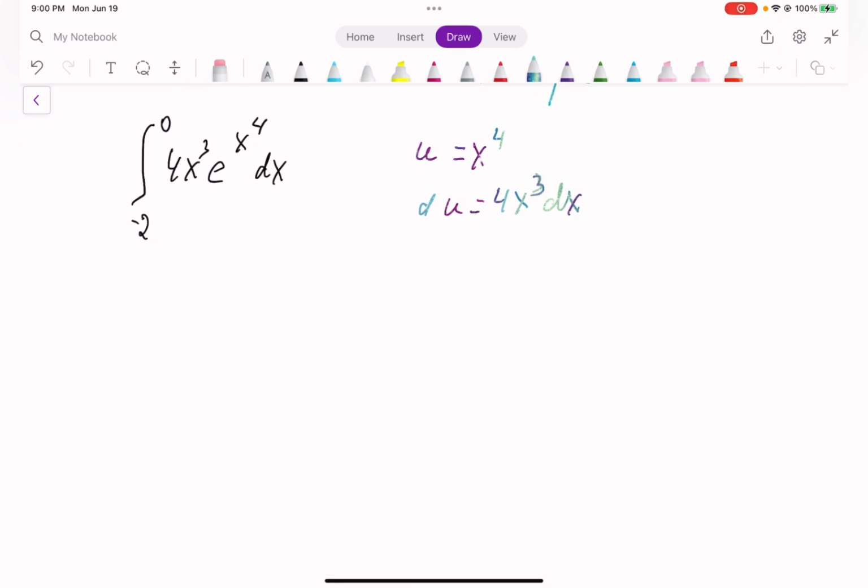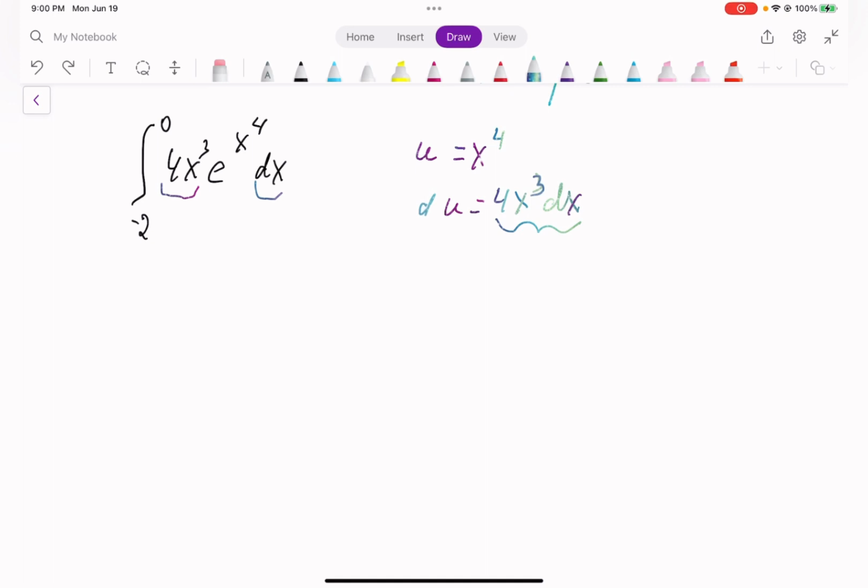Okay. So we have 4x cubed dx. Here we have 4x cubed and dx. It's going to be our du. And x to the 4, it's going to be our u.